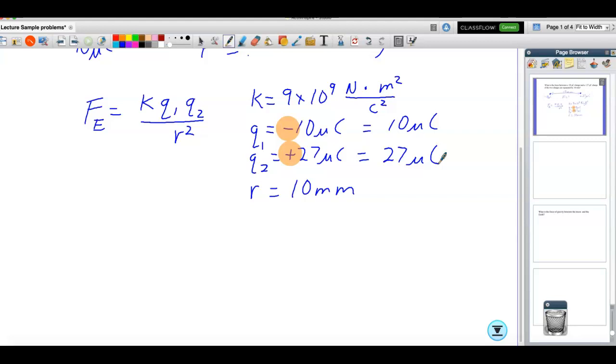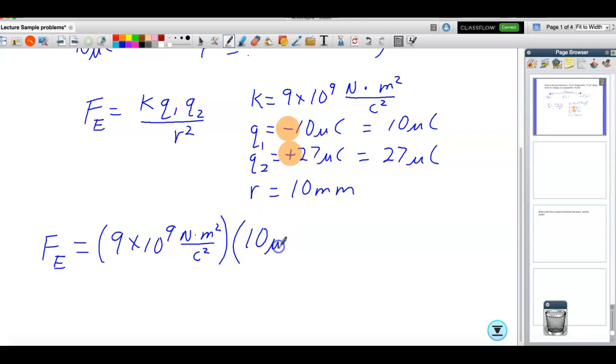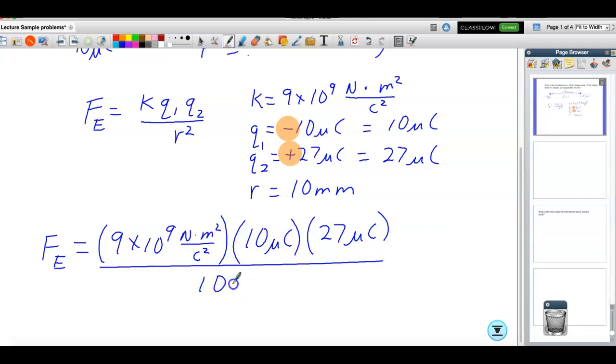Okay, so let's put our information in our formula. So we have the force of the electric field equals K. That's 9 times 10 to the 9th newtons times meter squared over Coulomb squared, times Q1, 10 microcoulombs, times Q2, 27 microcoulombs, all over our R, 10 millimeters squared.